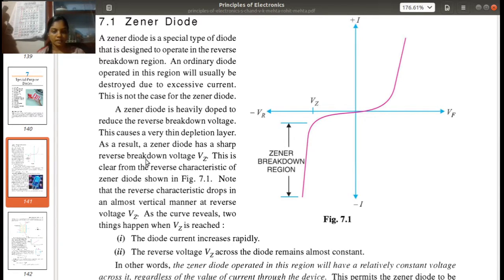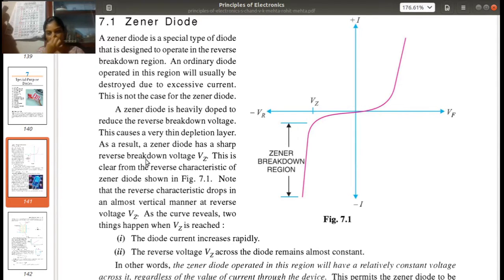Whenever a reverse voltage is applied to this Zener diode, there will be a large electric field in the PN junction region, which is very narrow in the case of a Zener diode because of its heavy doping, and which causes the pulling out of electrons from the atoms in that region. Thus a large current will flow in the reverse biased condition. This is called Zener breakdown.